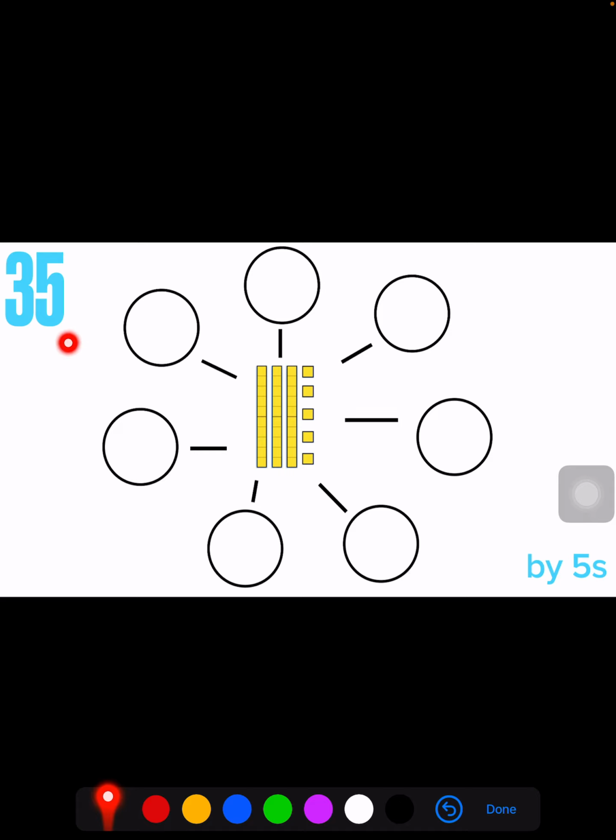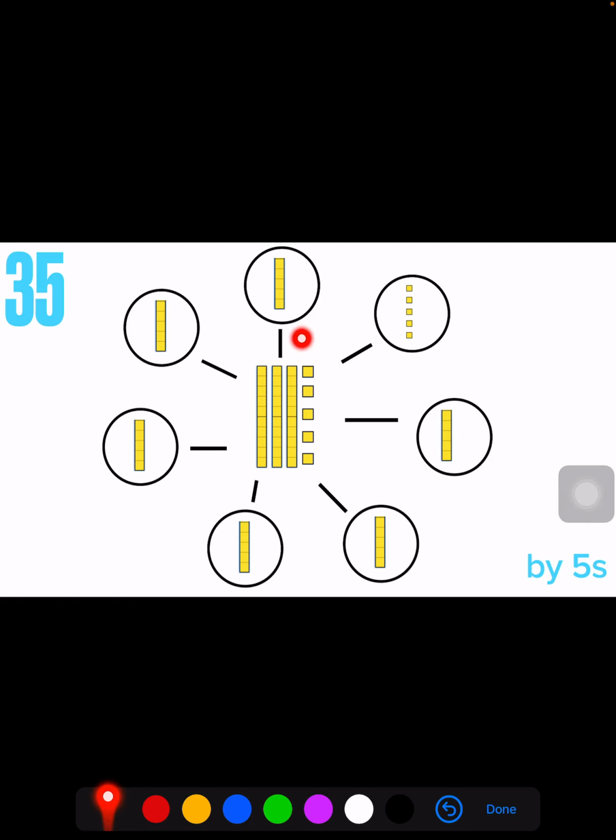Let's look at an example of decomposing a number that we worked with earlier this week. I have the number 35, and I have 35 shown in base 10 blocks in the middle. 10, 20, 30, 1, 2, 3, 4, 5. We learned that we can break the number 35 up into so many different ways. But one way that we decided earlier this week was we can decompose it by 5s. 5, 10, 15, 20, 25, 30, 35.